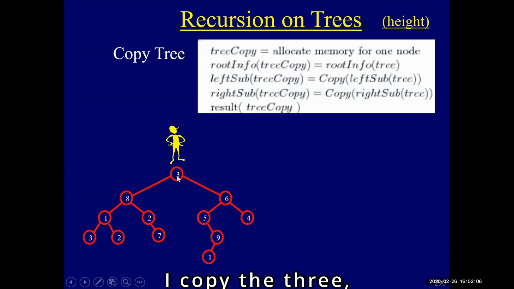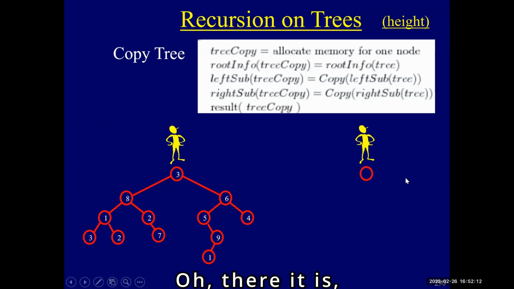I copy the 3, right? So what I've done so far is I've made a new node, I make a first line, I make a new node, and then I put a 3 in it. And then I copy this recursively.